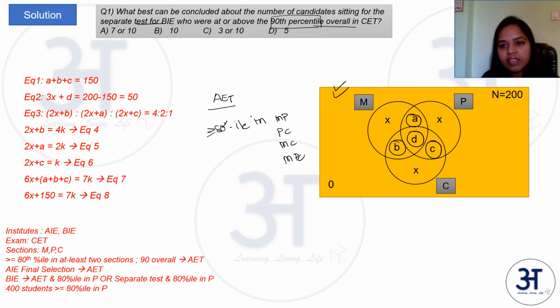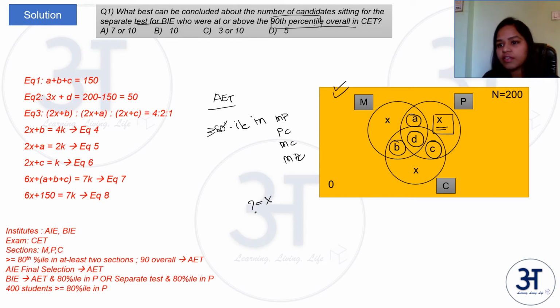Other than these, people will not be writing AET. So among those students who will be writing a separate test for BIE, those students are greater than or equal to 80th percentile in physics. Now essentially they are asking about this set. They are asking what is X. Once you understood this, let us try to find what is x.